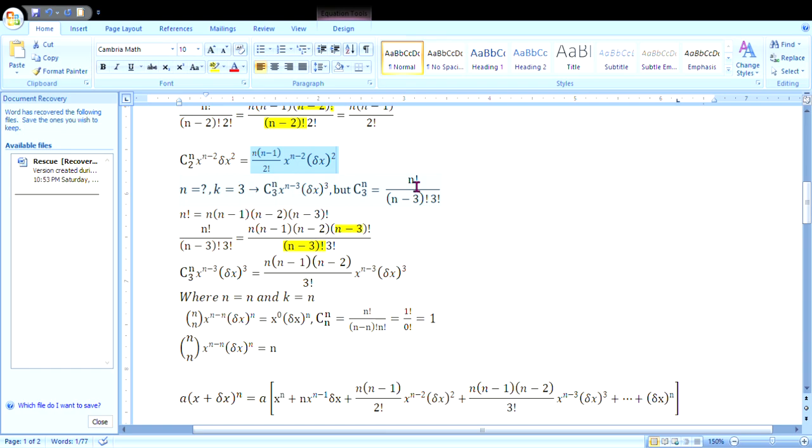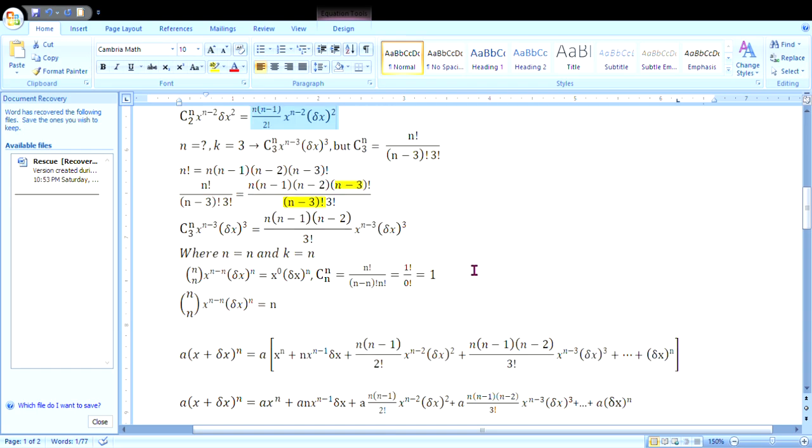So n factorial can as well be expressed as n into n minus 1 into n minus 2 into n minus 3 factorial, so that n minus 3 factorial will cancel n minus 3 factorial, and the expression becomes n into n minus 1 into n minus 2 over 3 factorial, and s raised to power n minus 3, delta x raised to the power of 3.